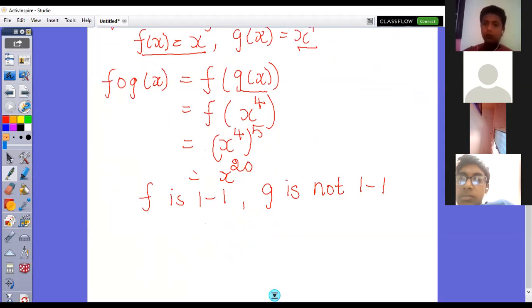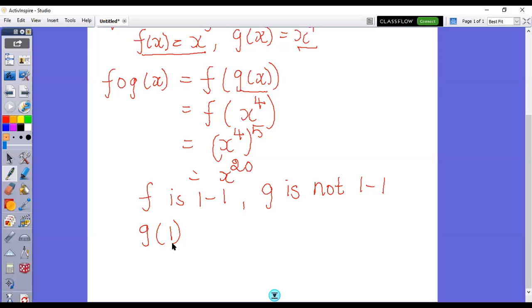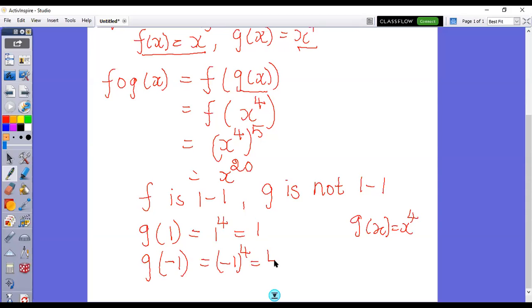Let us find whether g is one-one. Let us assume real numbers: g of 1, substitute into g of x equal to x power 4. So 1 power 4, 1 multiplied 4 times, is 1. The next one, g of minus 1: a real number, negative to positive value. Minus 1 multiplied 4 times, so the answer is 1.